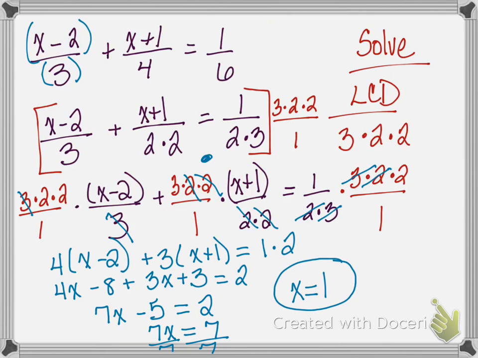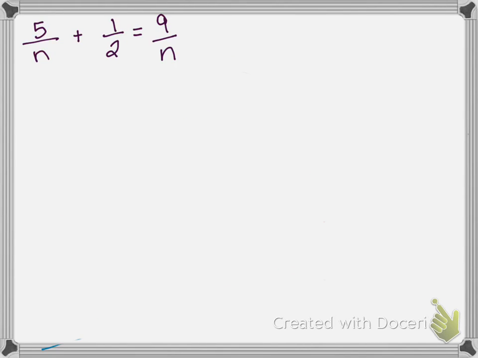Okay, now I want you to look at this particular problem. Do I have any variables, an x, a y, an n, a k, any variable or any unknown in the denominator? No, I do not. When I look at this one, do I have a variable in the denominator?